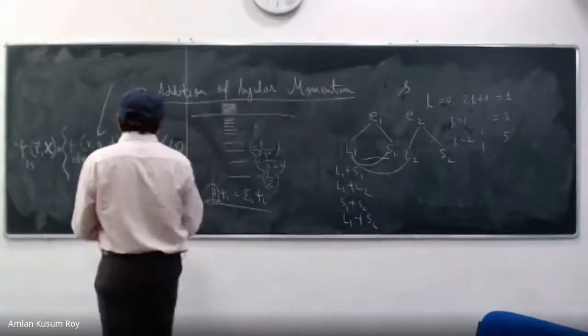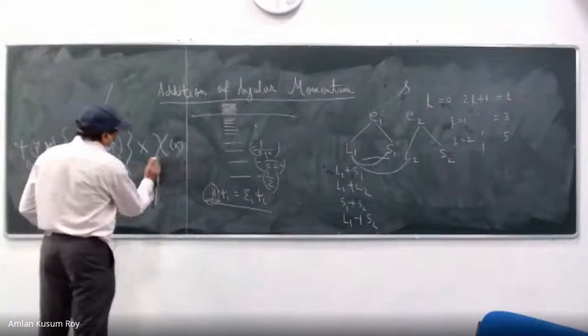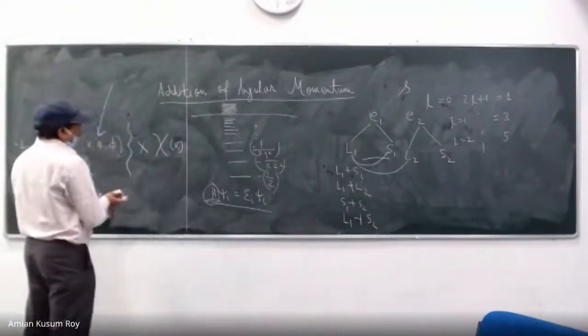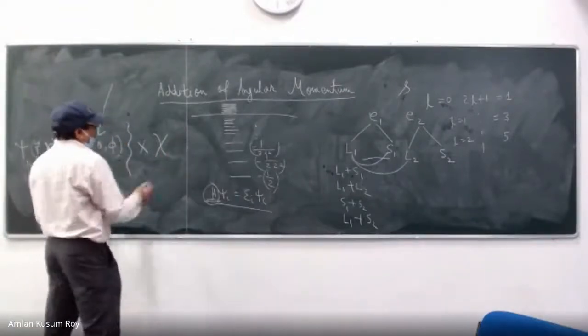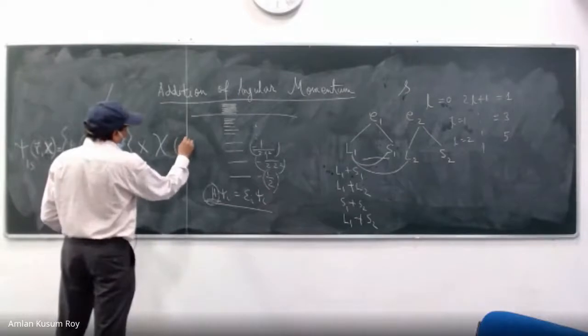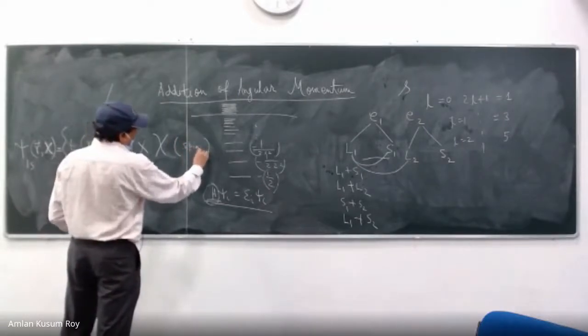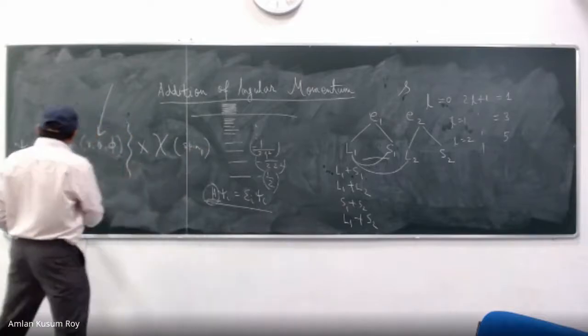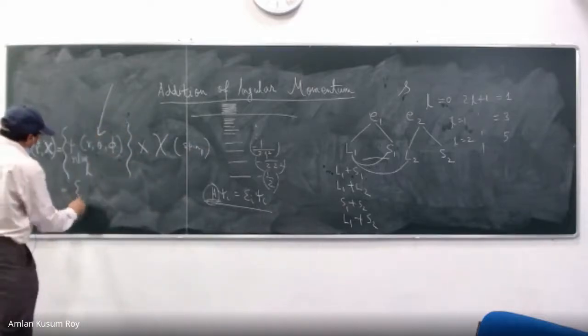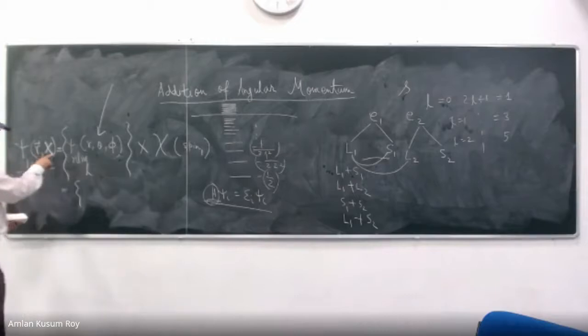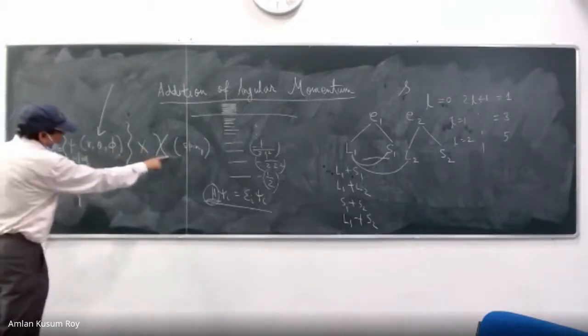So what are those states? I will have 2 spin states, and I call the first one spin 1. And you have another function. So this psi Rx in presence of spin will give you two functions.